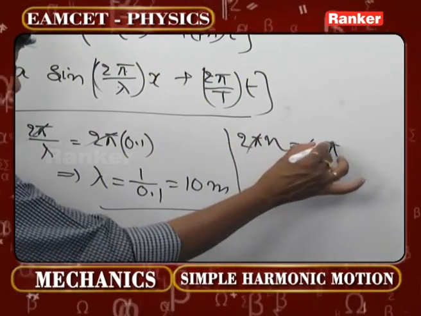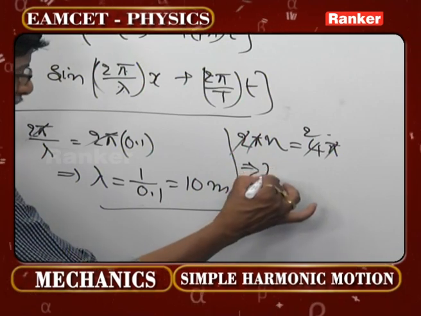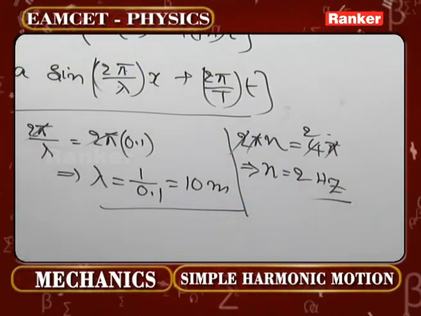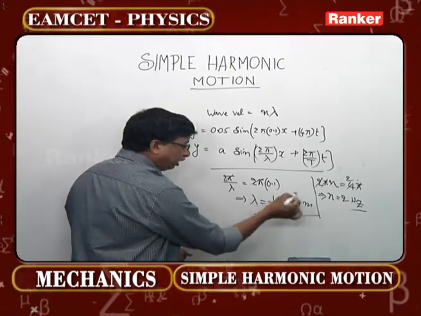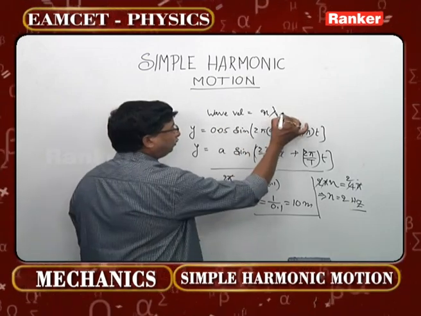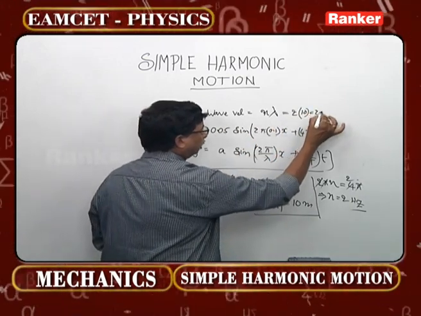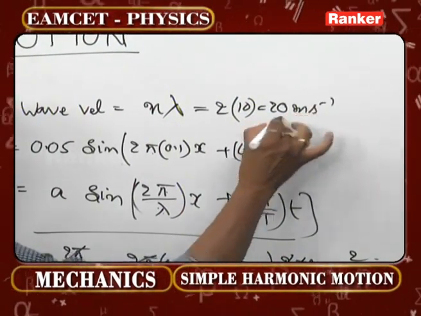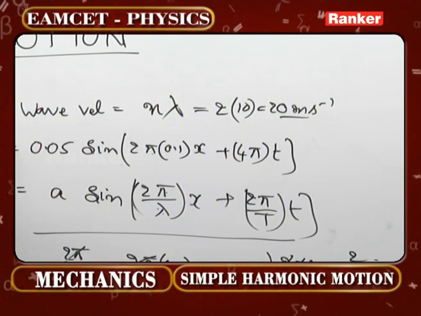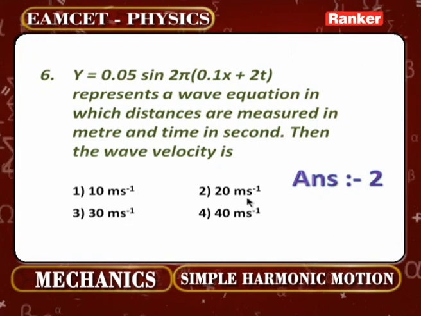Now pi gets cancelled, 2 gets cancelled twice. So what will be the value of n? 2 hertz, that is the unit. Now n is 2 and wavelength lambda is 10 meter. What is the velocity formula? n lambda. So 2 times 10 becomes 20 meter per second. If you look at the options carefully, the second option is the corresponding answer for question number 6.